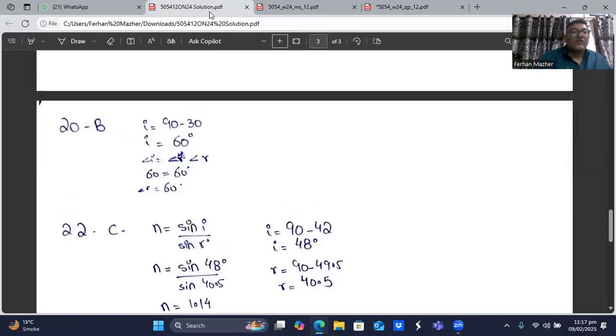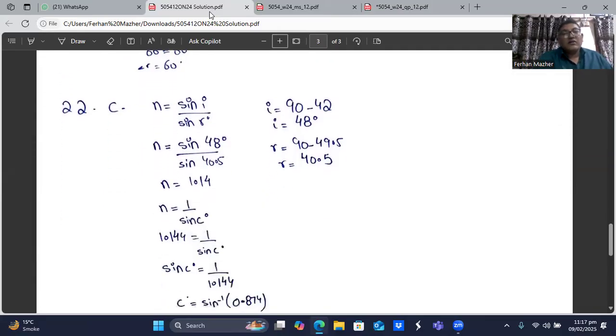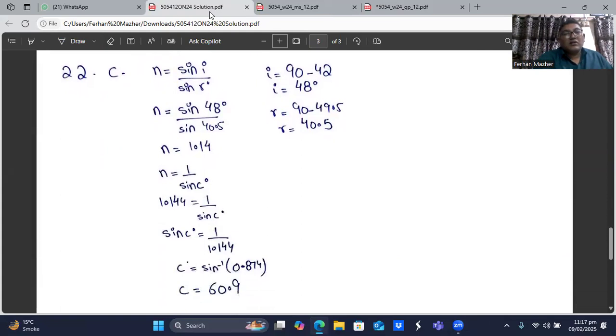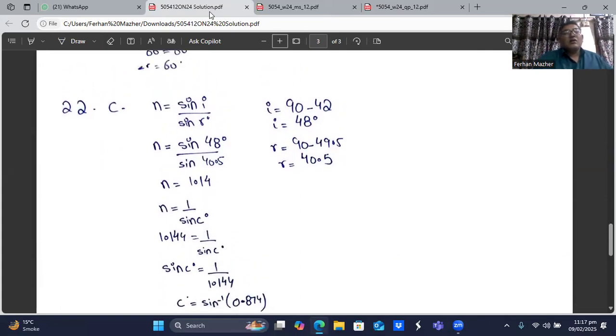Okay, so where we have question number 22, the refractive index is sine i by sine r. So i is 48 degrees and r is 40.5 degrees. So the refractive index will be sine 48 divided by sine 40.5, and that will be 1.14. So the refractive index is 1.14.